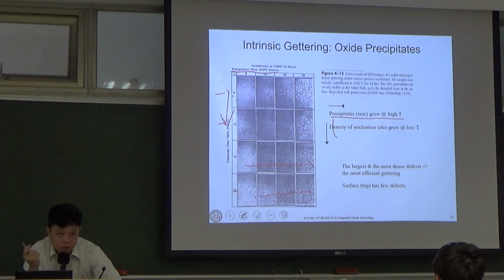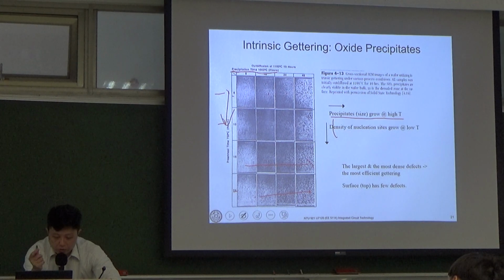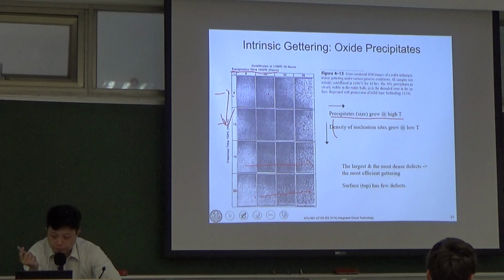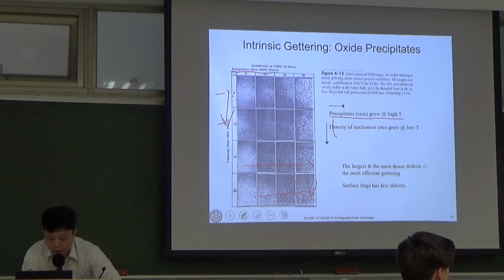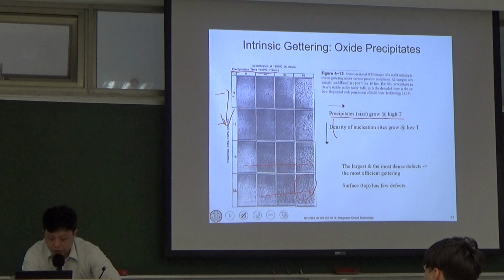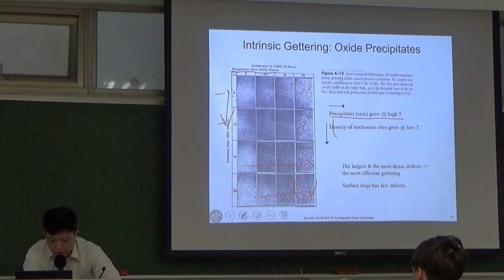Those nucleation sizes and the density begin to grow if we increase the pre-annealing time at low temperature. This one is the largest with the most defects and will create the most efficient scattering process. And again, I think this figure is more obvious.